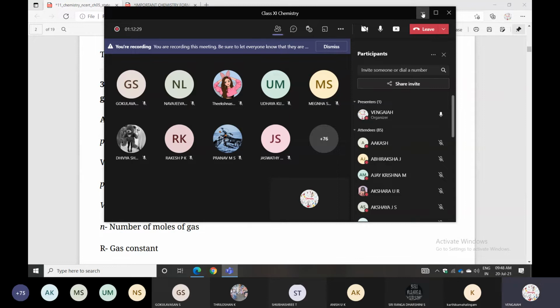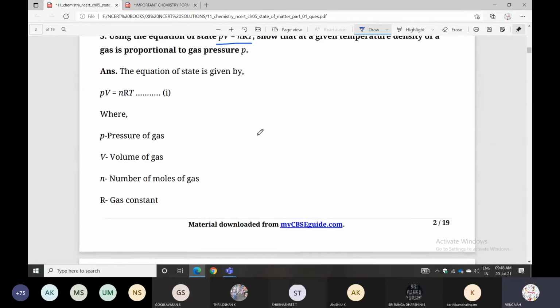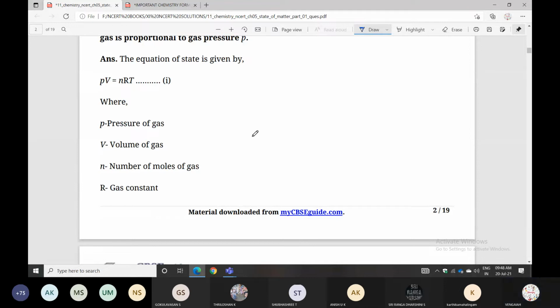Now listen, next one. Third question. Using the ideal gas equation PV equals nRT, show that at a given temperature the density of a gas is proportional to gas pressure. So they are asking the relation between density and pressure. The given equation PV equals nRT is the ideal gas equation.